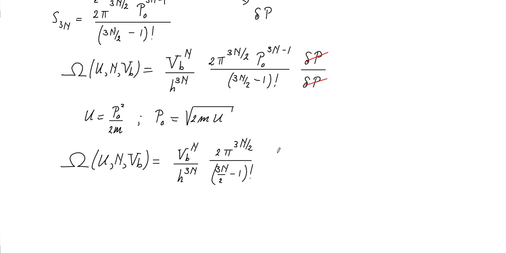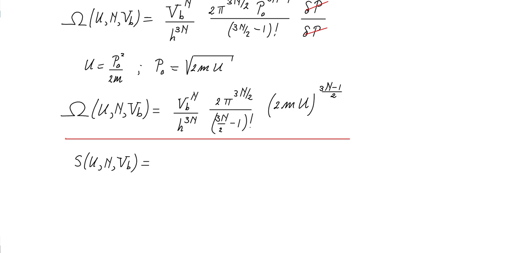And then we have a 2mu, that's my p0, if we raise it to the power 1/2 and then raise to the power 3n minus 1, gives me 3n minus 1 over 2.